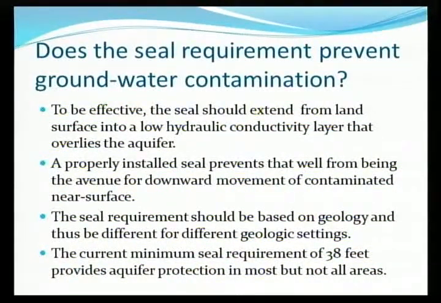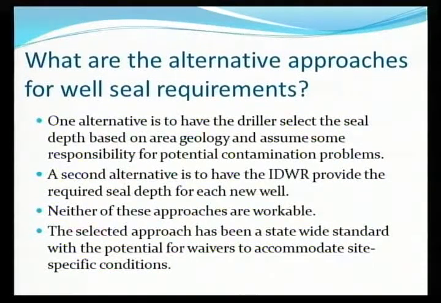A properly installed seal, though, then prevents that well from being an avenue for downward movement of contaminated water from near surface. The current minimum requirement is 38 feet, and that provides protection in most, but not all areas. So what are the alternative approaches for well seal requirements?